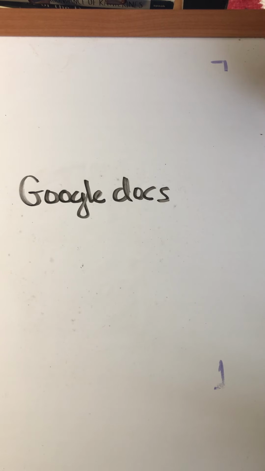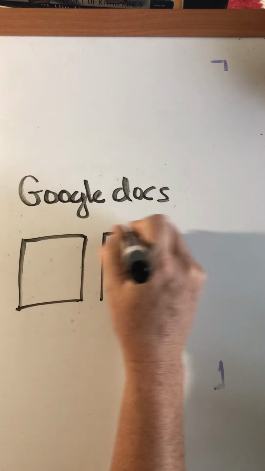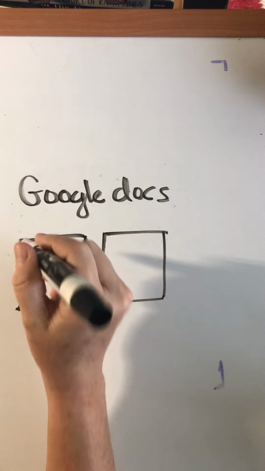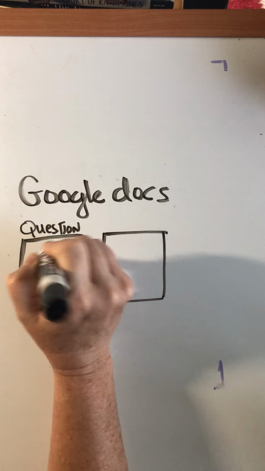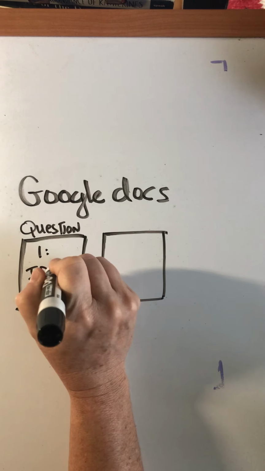All right, so what you're going to do is you need to already have 2 completely different documents created, okay? So this is going to be one, so you're going to name it question 1, and then you're going to put your ID number.